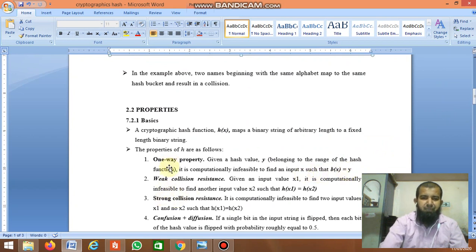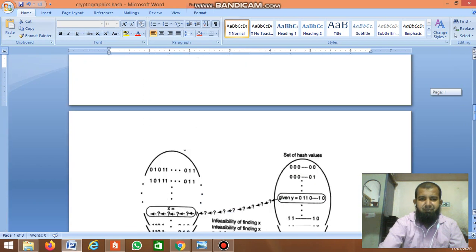Next, the second property of hash, weak collision resistance. Given an input value x1, it is computationally infeasible to find another input value x2 such that h of x1 equals h of x2. What does the second property say?